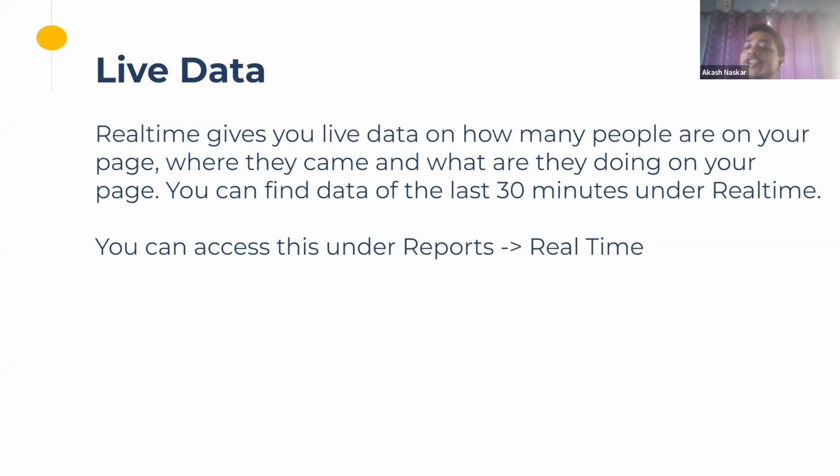And this time is not changeable. You cannot select the number of users in the last 1 hour or last 5 hours. Real-time data only gives you the number of people on your website in the last 30 minutes. You will see that data fluctuating once you go into real time, because the number of users keeps changing.